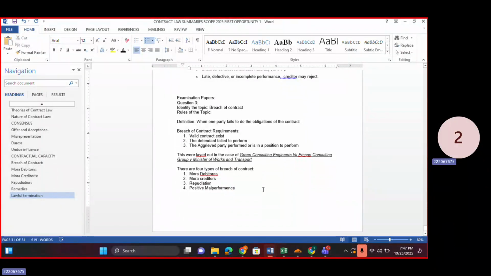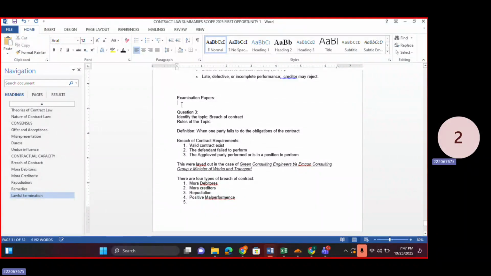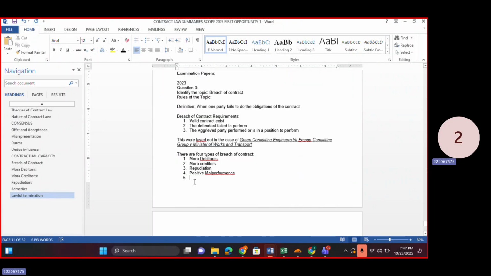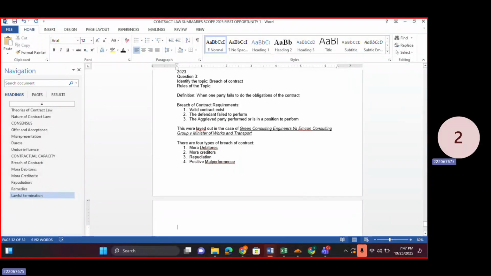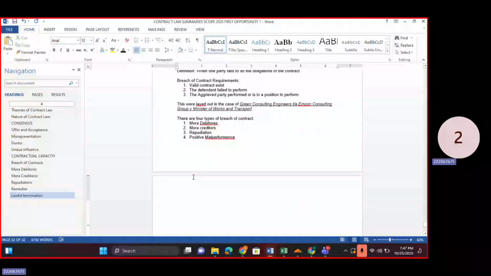These are the 4 types of breach. And after you've stated that, it's time to discuss what mora debitoris and mora creditoris are, especially if you're not sure which one it is. But in this case, I'm sure that it's mora creditoris.